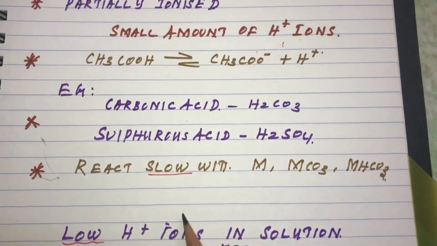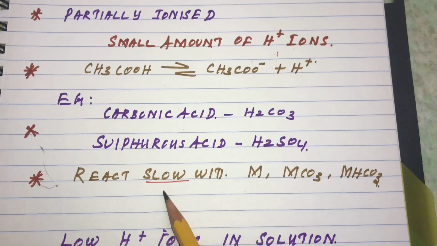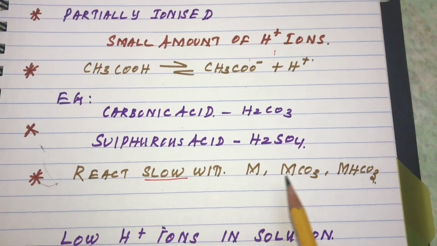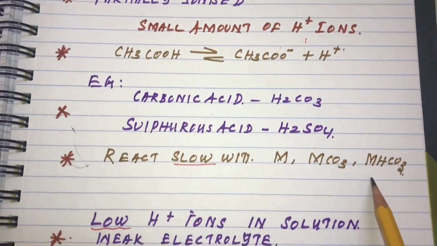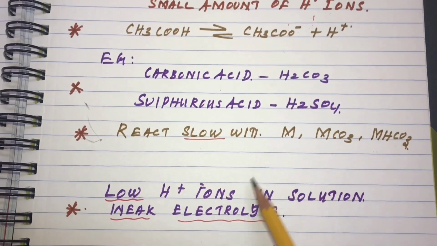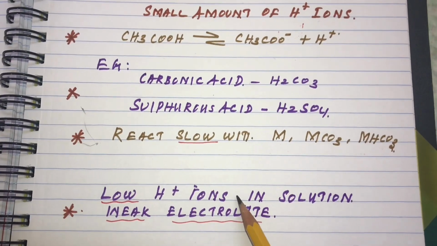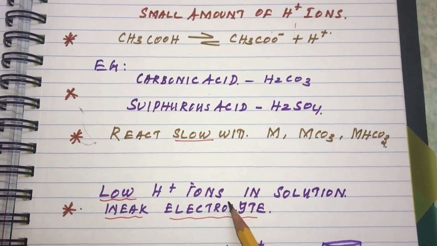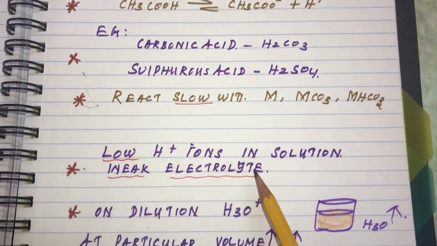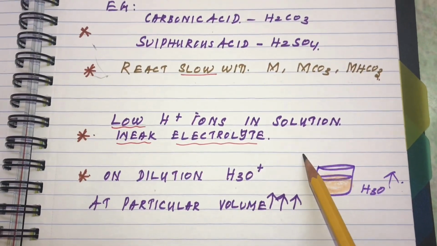As they are weak in nature, they react slowly with metals, metal carbonates and metal bicarbonates. Because of their low ionizing power and few H plus ions in solution, they are weak electrolytes.